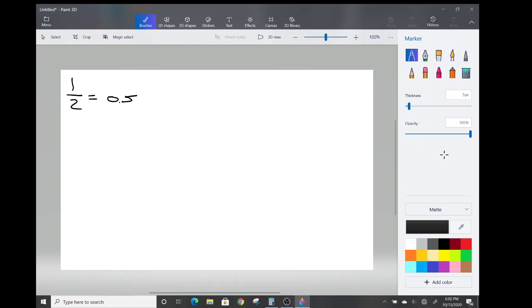Now, let's say we have 1 over 4. That's going to equal what? 0.25. If you don't believe me, do it on your calculator. Well, we've gained a decimal place for a degree of precision, but as a machinist, that's still not good enough.